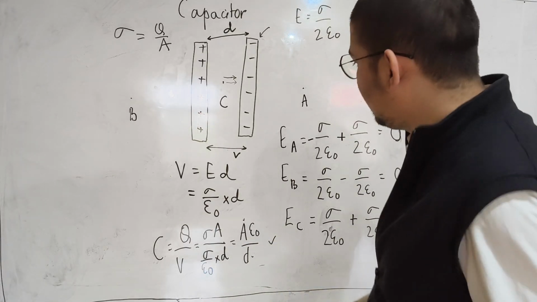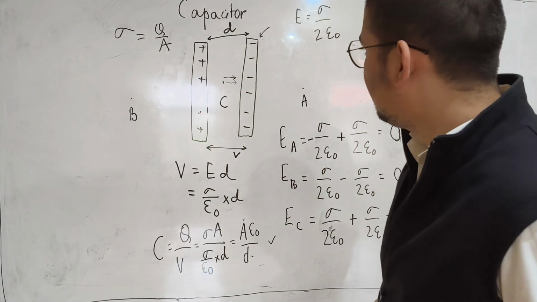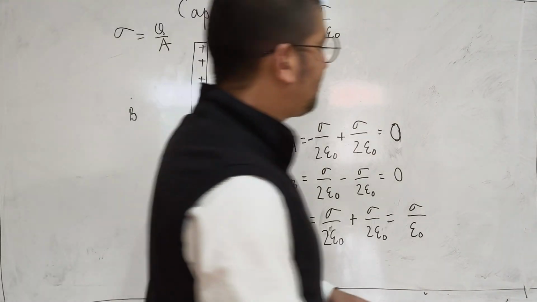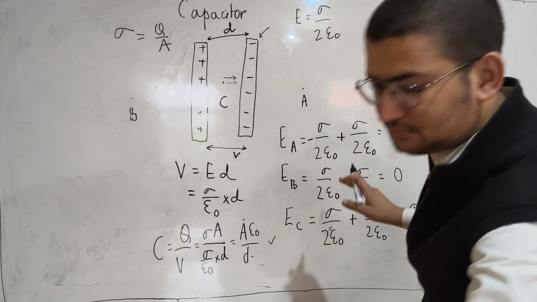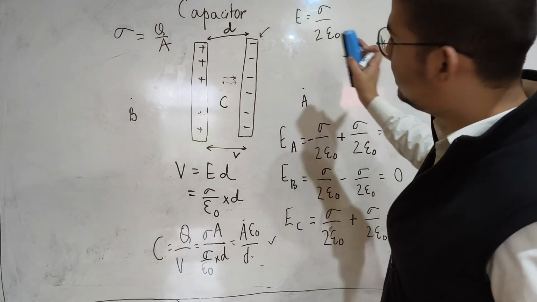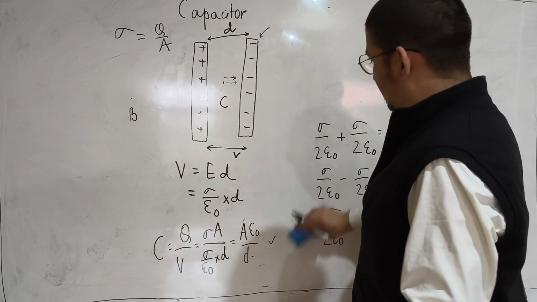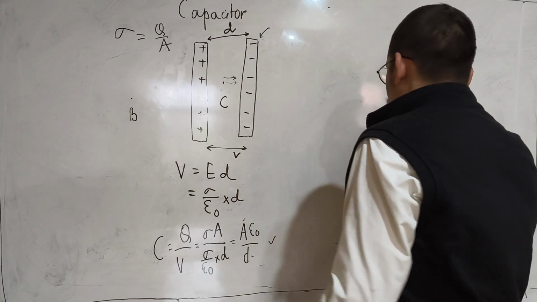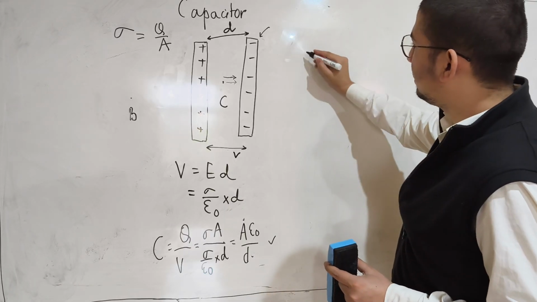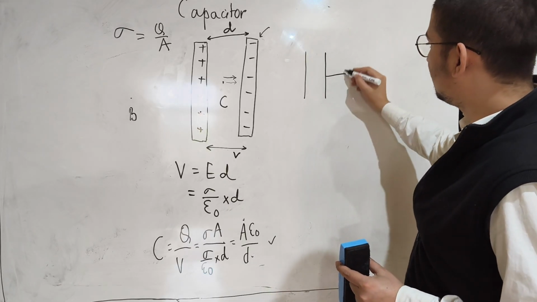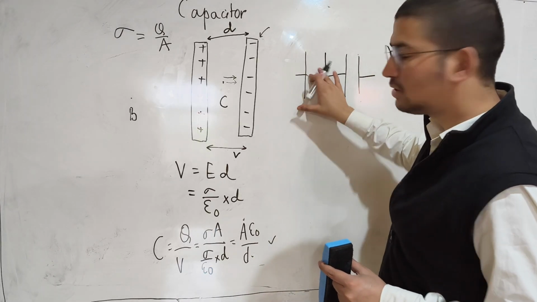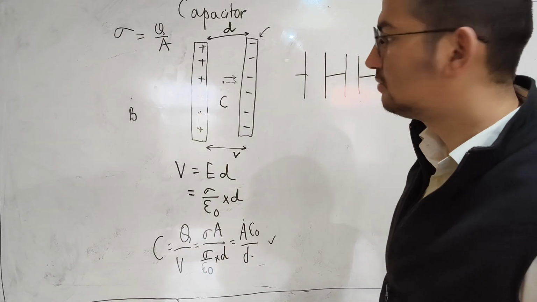So let's see what series and parallel connection are. When you have two capacitors next to each other, there can be more than two, but I am taking two for now.